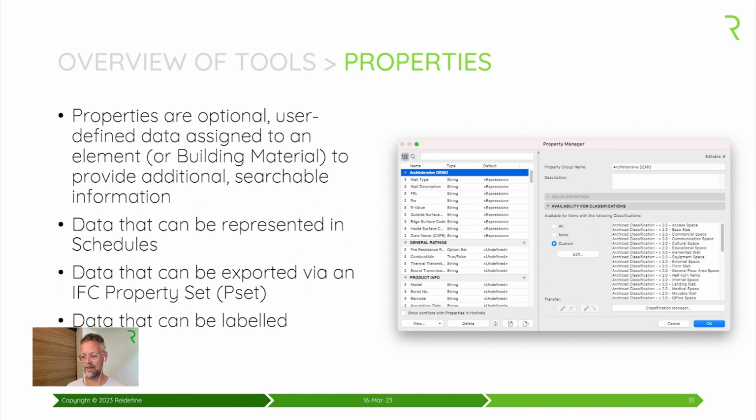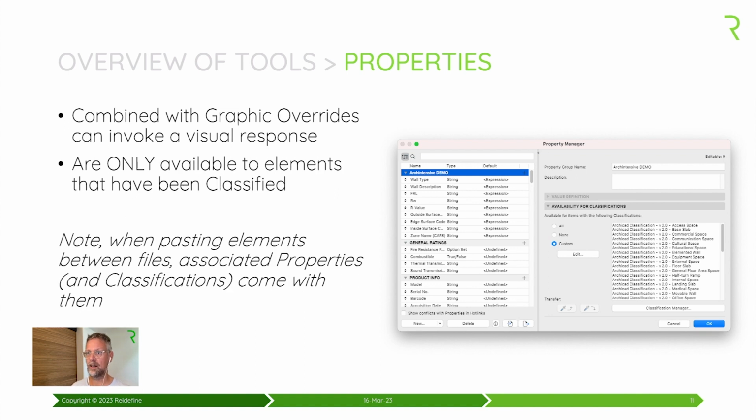And the great thing about this data is that it can be represented in schedules, it can be labeled, and it can also be exported into IFC property sets, which is also pretty good. And then, of course, combined with graphic overrides, it can invoke a visual response.